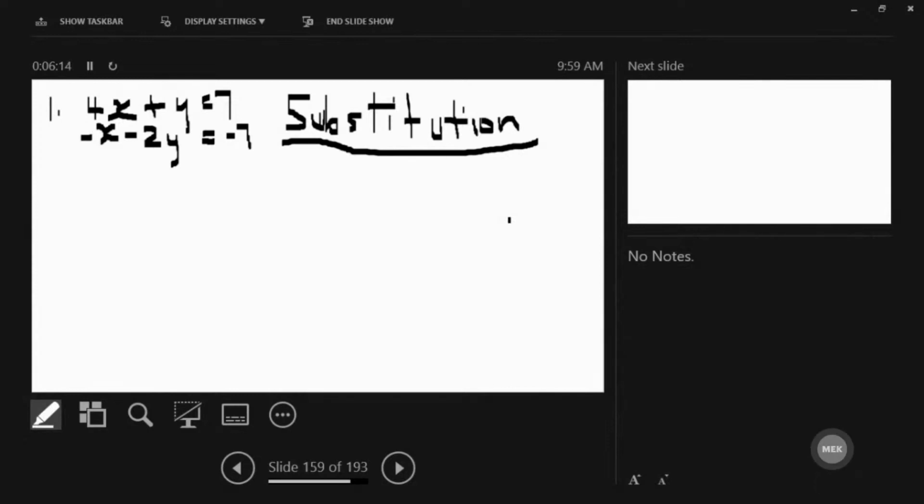So for the method of substitution that we're going to use, we will make one of the variables the subject of the equation. We will transpose. In other words, we will have one of the variables to the left of the equation and everything else to the right. So that means that variable is equal to everything else.